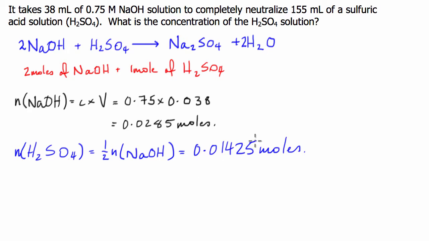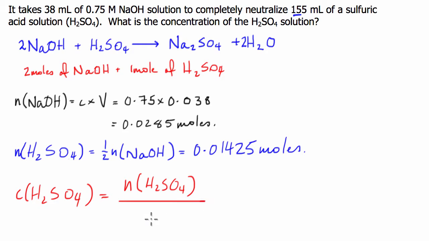Great. So once we've done that, all we have to do now is use this along with the amount of the solution that we have to work out the concentration. So we know that the concentration of H2SO4 is going to be equal to the number of moles of H2SO4 divided by the volume of it that is contained within.